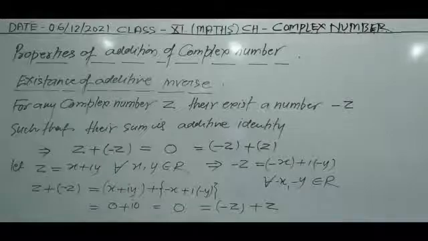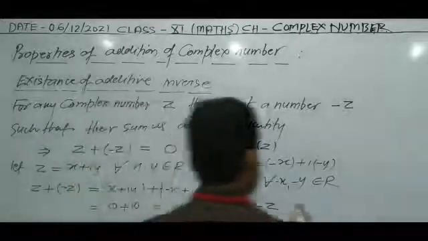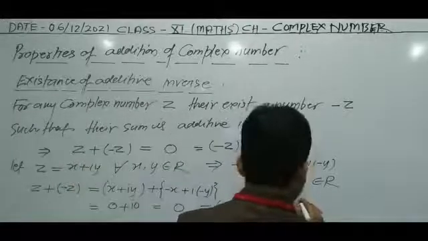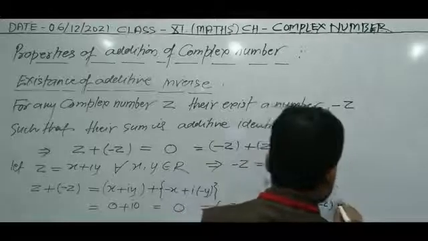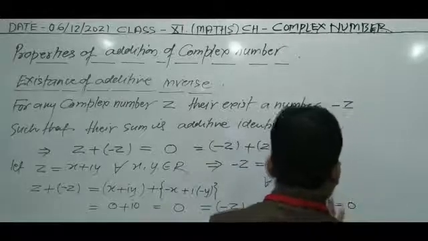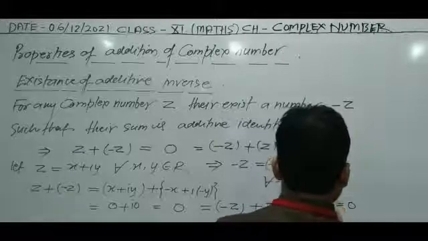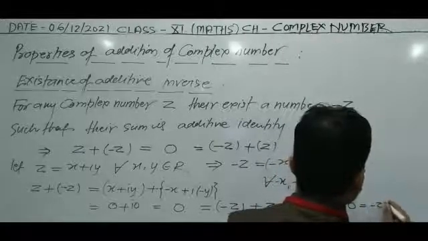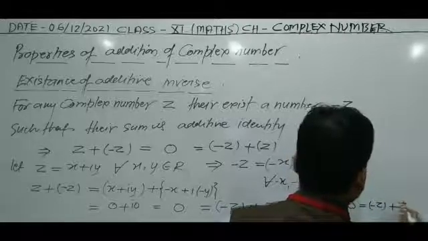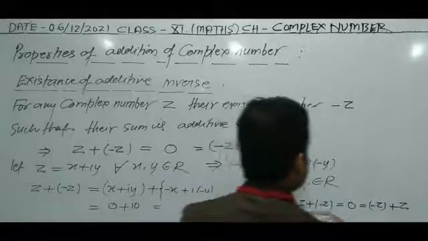So we can write z plus minus z is equal to 0, which is equal to minus z plus z.